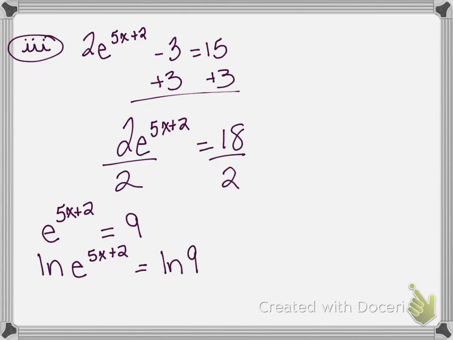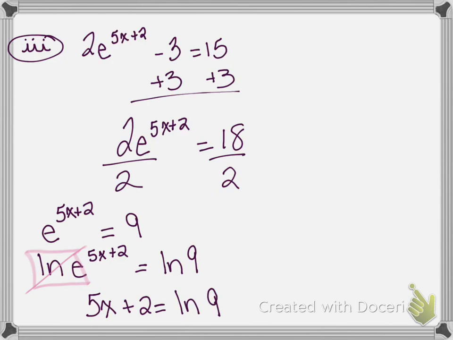Now, if you remember, when I have the natural log of e, that cancels out because the base of a natural log is e. So I am left with 5x plus 2 equals the natural log of 9. Sorry, I wrote that 9 like an exponent, and I shouldn't have.